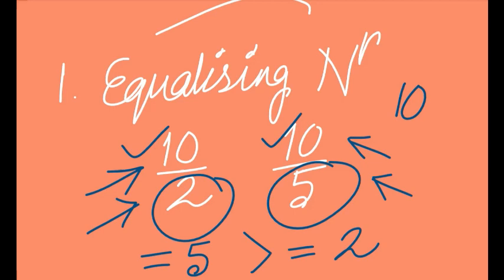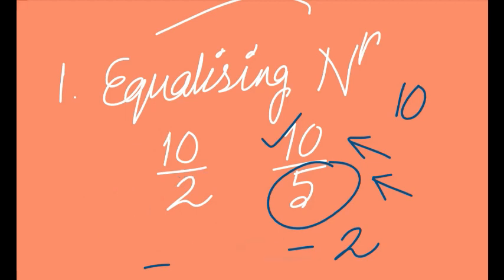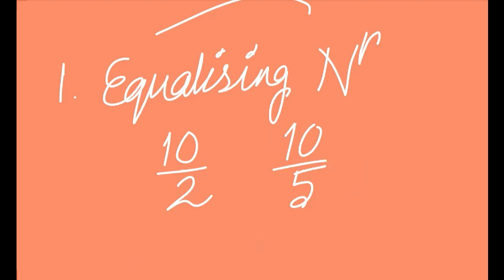Now do we need to do all those divisions and then comparing just to tell whether 10 by 2 is greater or less than 10 by 5? No, we don't need to do so much. What we shall do is learn a rule: when the numerator is the same, then the fraction with the smaller denominator.